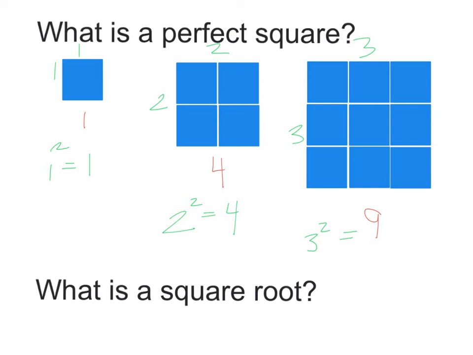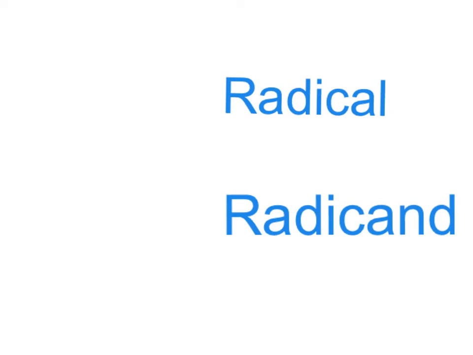The square root is the number that is getting squared. So for example, the square root of 9 is 3, because 3 times 3 gives you 9. Couple of definitions. That square root symbol that I drew earlier is called a radical symbol.